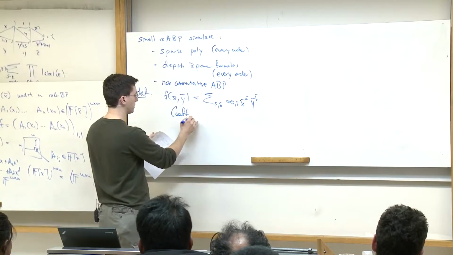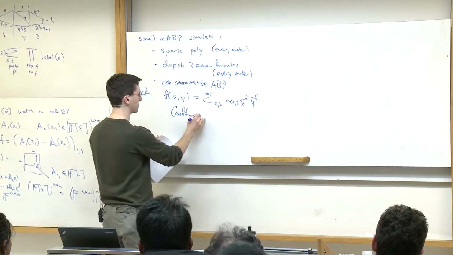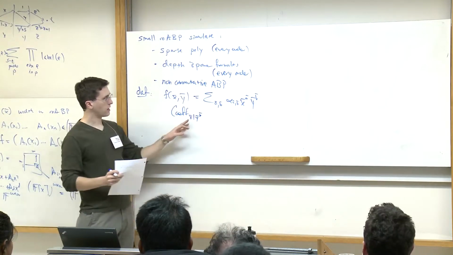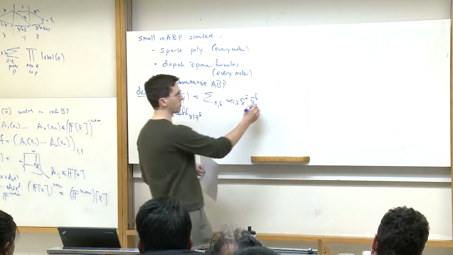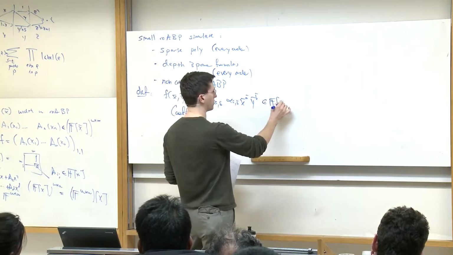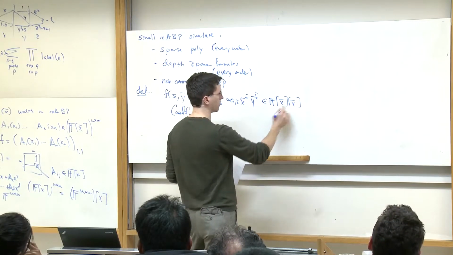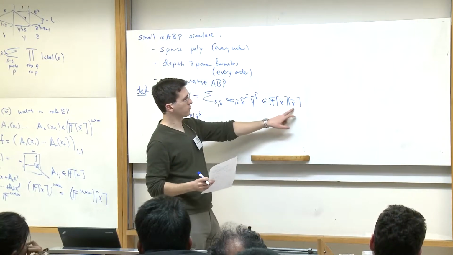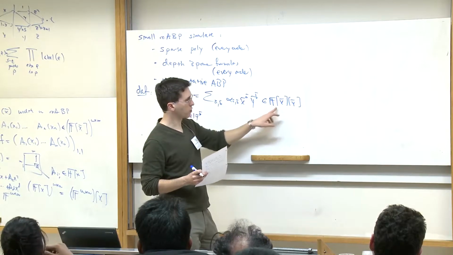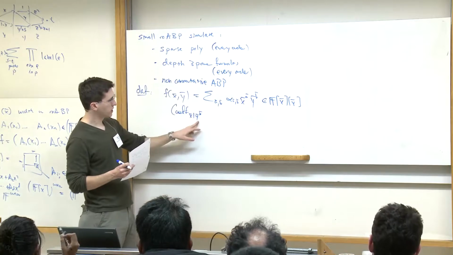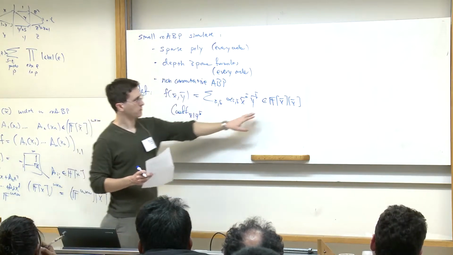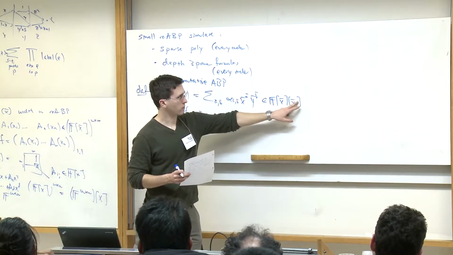I'm going to write the coefficient operator in some funky way, because I want to highlight the fact that this is an xy partition. I'm going to view this polynomial as a polynomial in y, where the coefficients are polynomials in x. This notation says I'm taking the coefficient in this ring with respect to y to the b.